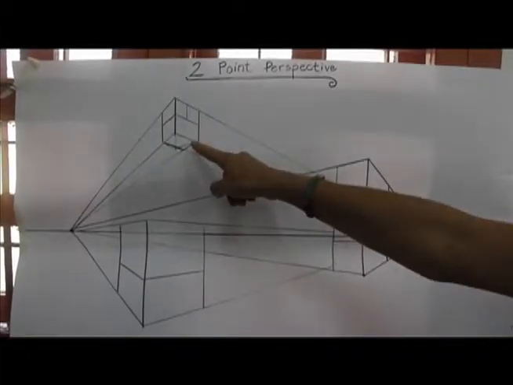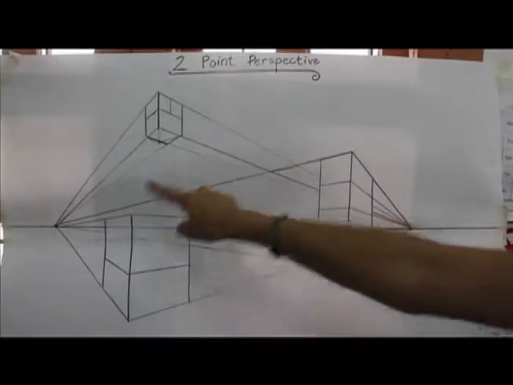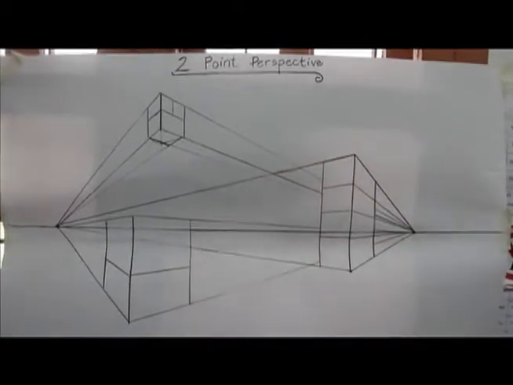Bottom of the box also follows the vanishing points to do the final step.